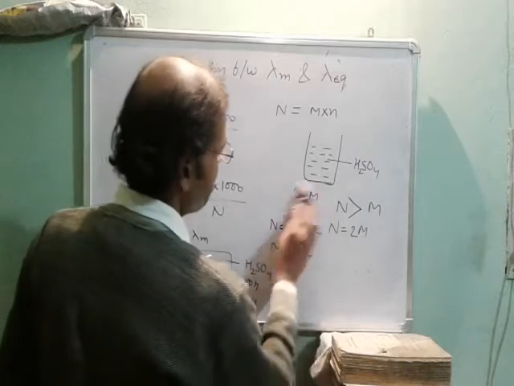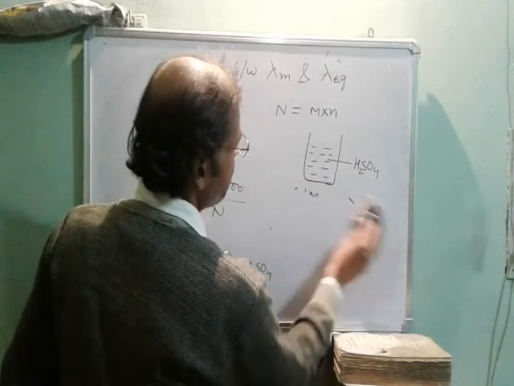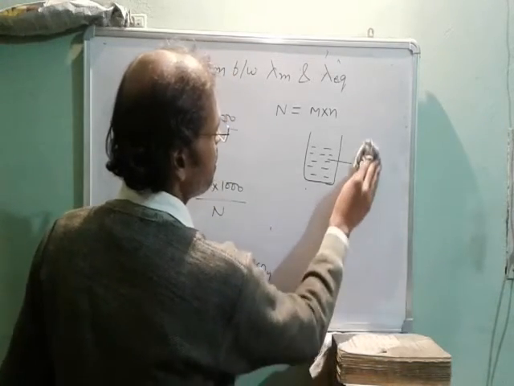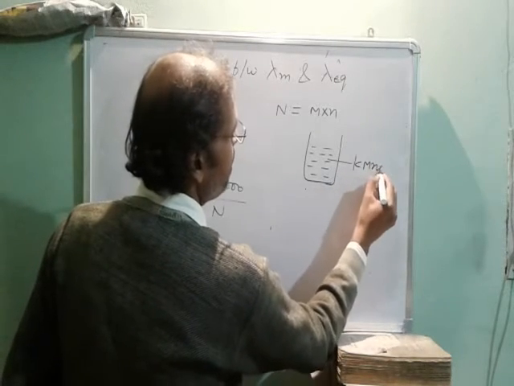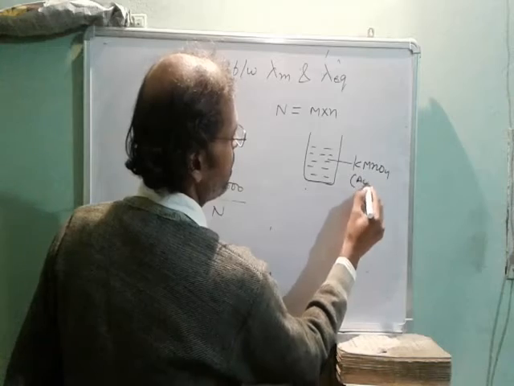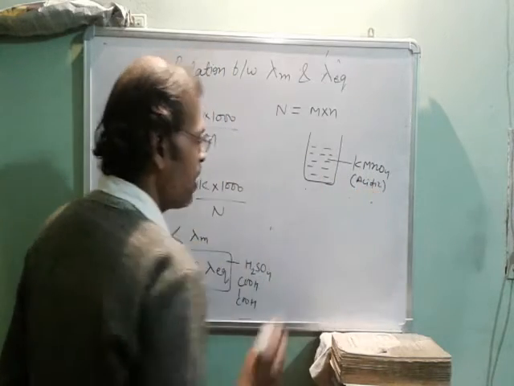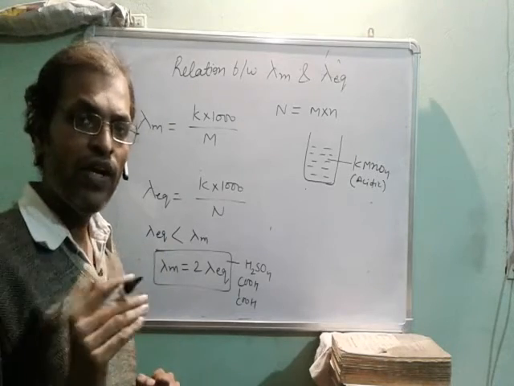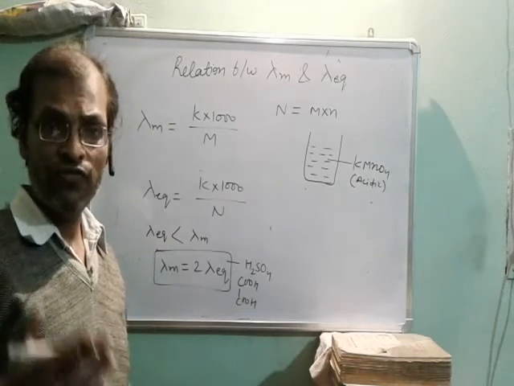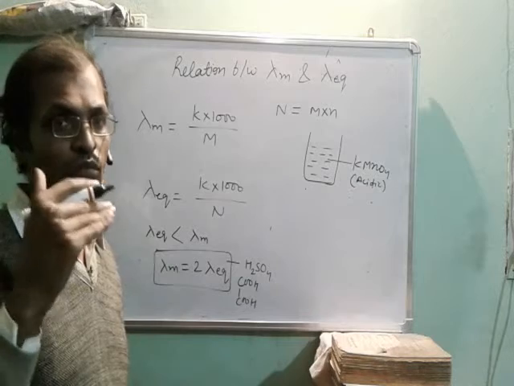Let's see what happens in this case. Suppose now this is KMnO4 solution and the medium is acidic. I have just said that for acidic medium, the equivalent weight of KMnO4 is fifth part of its molar mass.